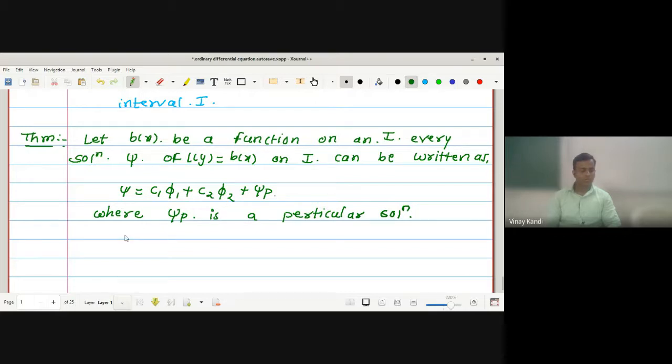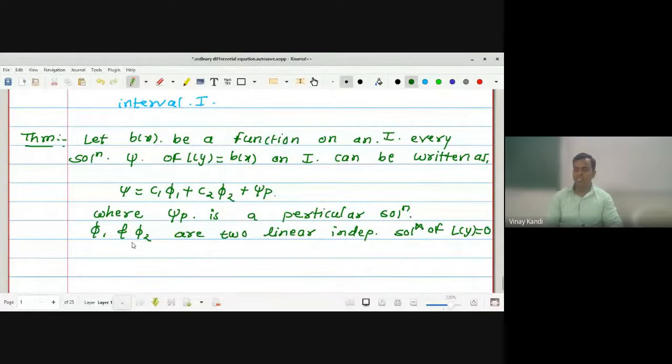And phi 1 and phi 2 are two linearly independent solutions of L of y equal to 0, so these phi 1 and phi 2 are the linearly independent solutions of L of y is equal to 0.